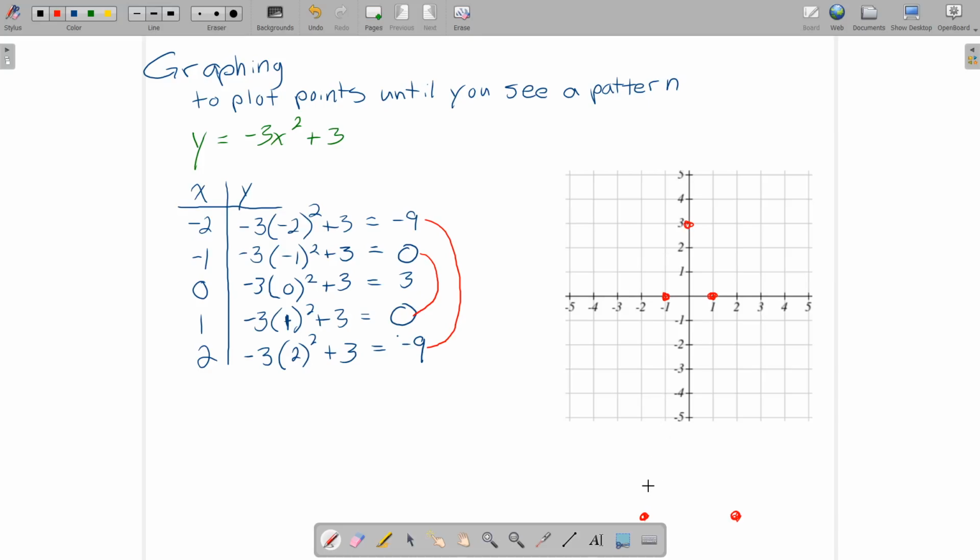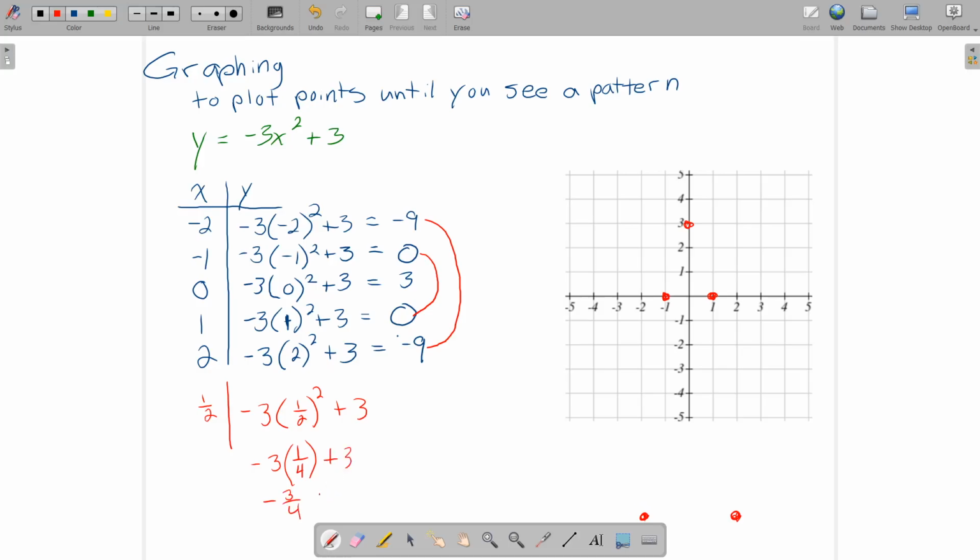And so I think I see a pattern here. If I'm not sure how the pattern works, I could always plug in another number. Like I could even go fraction here. I could try plugging in 1/2 to see what happens, see if I perceive the pattern correctly. And this I think I'll write a little bit more down. 1/2 squared is 1/4. 1/4 times negative 3 is negative 3/4.